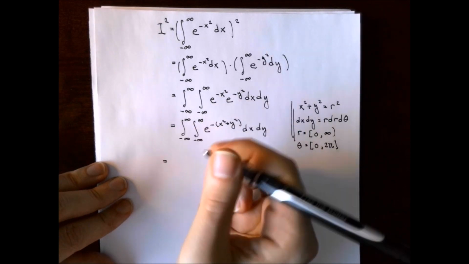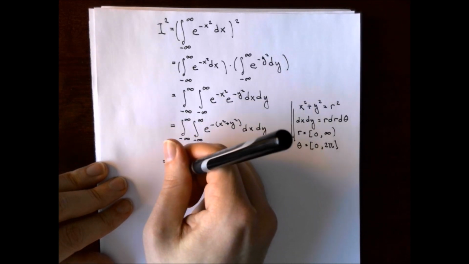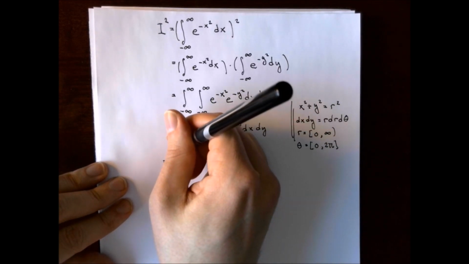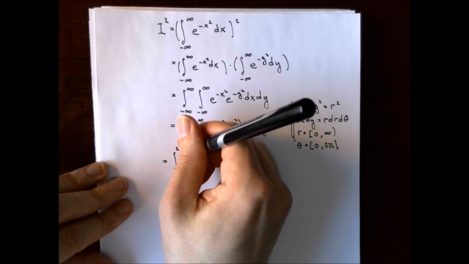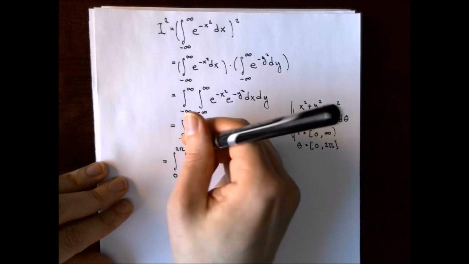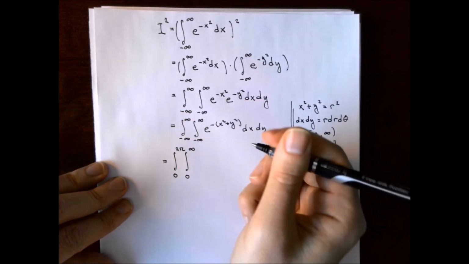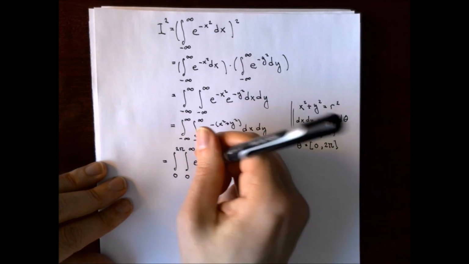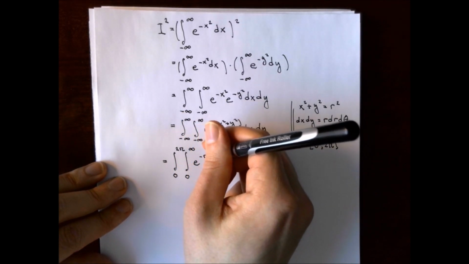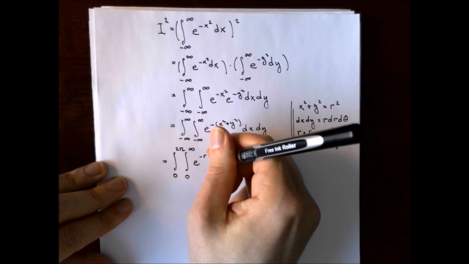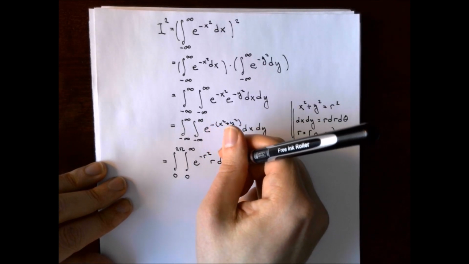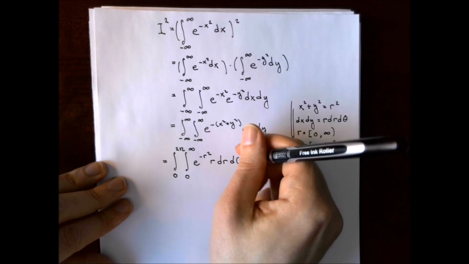So we get the integral from 0 to 2 pi, integral from 0 to infinity e to the minus r squared r dr d theta.